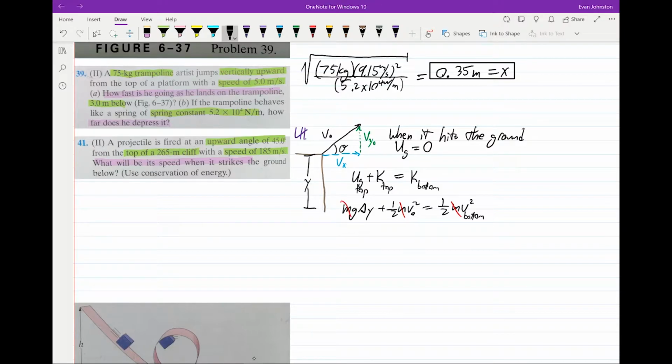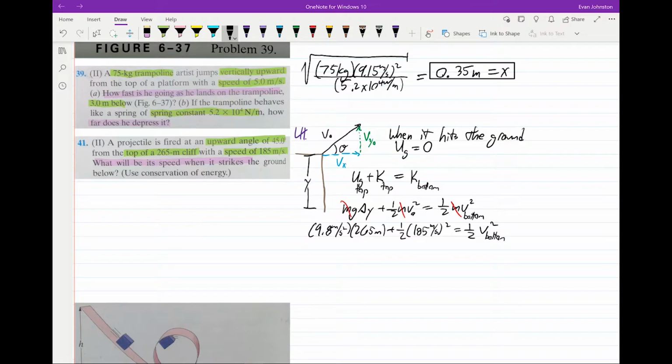I can go ahead, I can plug in. I now have 9.8 meters per second squared times my 265 meter cliff plus 1/2 and its initial speed squared, 185 meters per second squared, equals 1/2 of whatever the speed at the bottom is squared, okay?